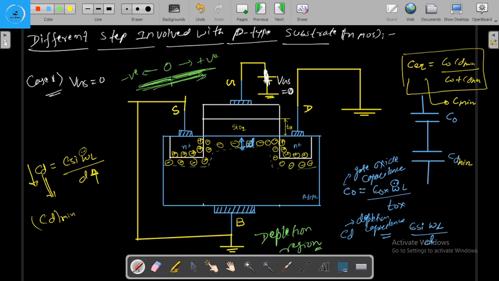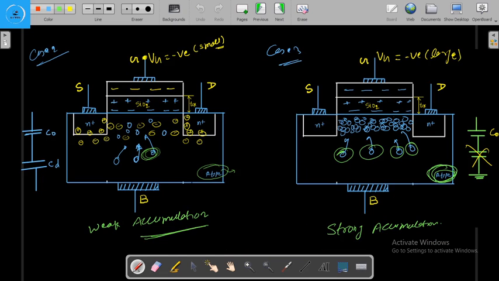Because we are changing the gate voltage very quickly from negative to positive or from positive to negative, in the p-type substrate the holes will come easily, because the p-type substrate has holes as the majority charge carrier and electrons as the minority charge carrier, right?